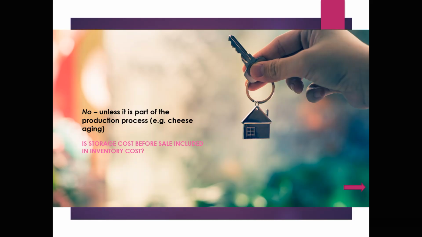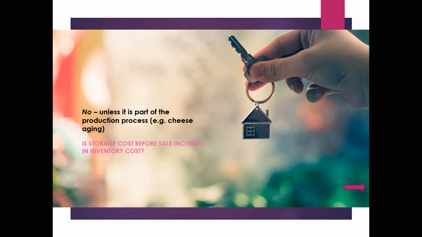For example, like you can see, we are looking at cheese. Cheese will be part of it because cheese has to be stored in a cold place, right? Cheese has to be stored in the fridge, like at Tesco, Asda, Lidl. People in Nigeria would understand when I talk about PMS, which is fuel.